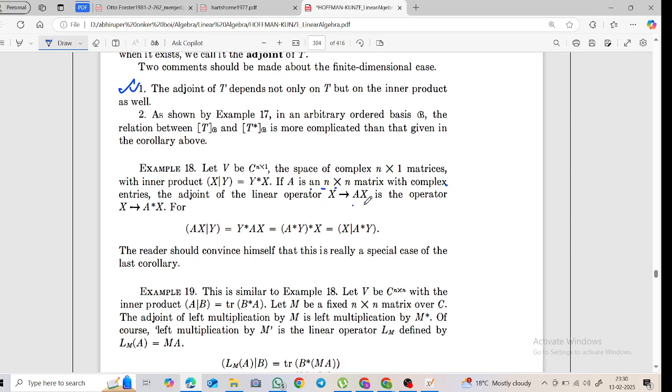The adjoint of the linear operator A x is the operator A going to A star x. Okay, this is natural, na? I mean, the matrix of T is A, so then we show that the matrix of T star is A star. So for a matrix A, the adjoint should be the conjugate transpose of A, right?